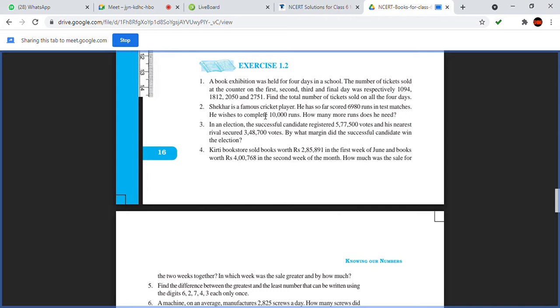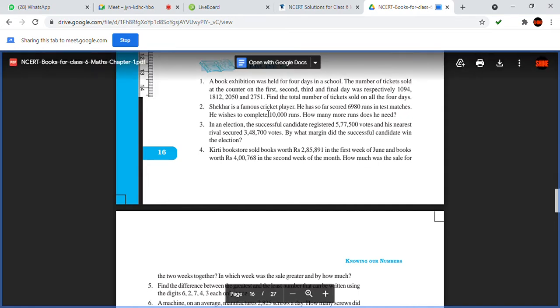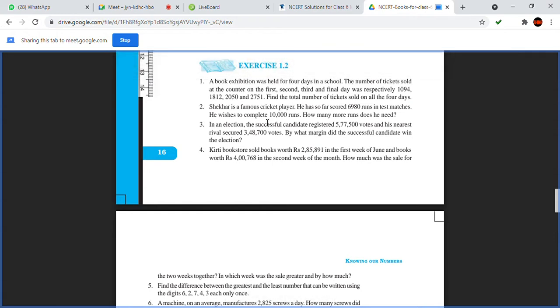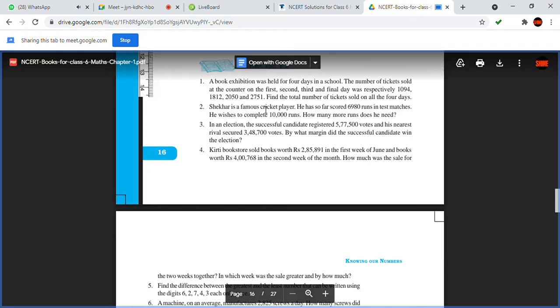Then last you write total number of tickets sold. Total number of tickets sold is equal to these all numbers, you write and add: 1094 plus 1812 plus 2050 plus 2751.